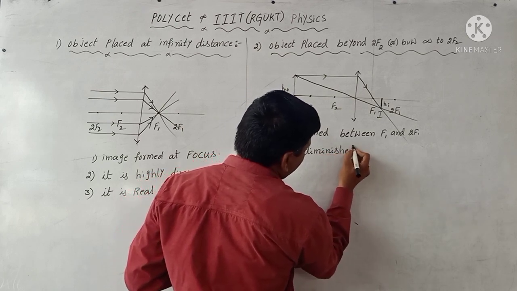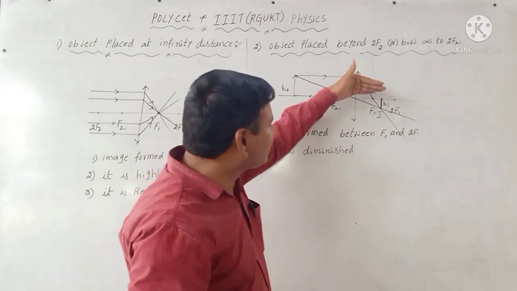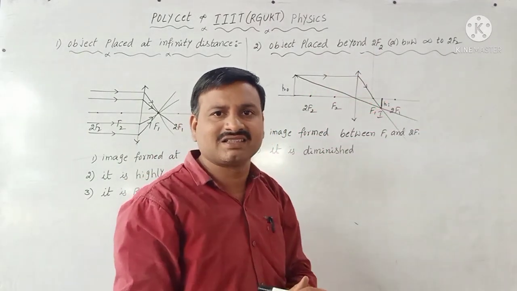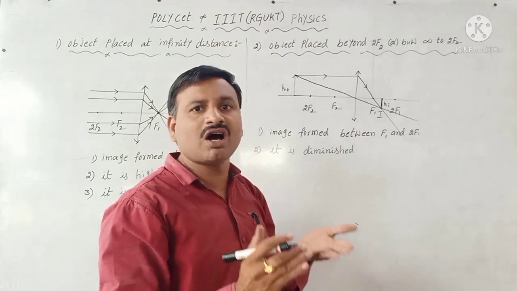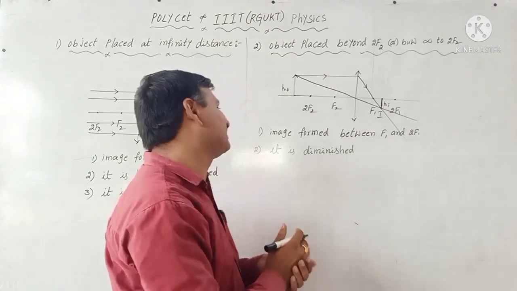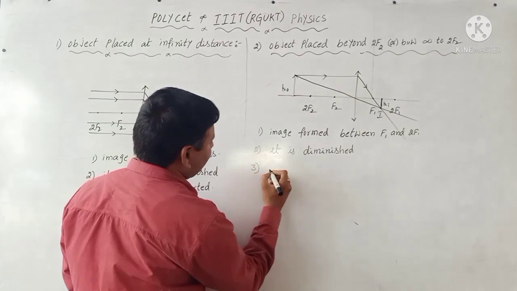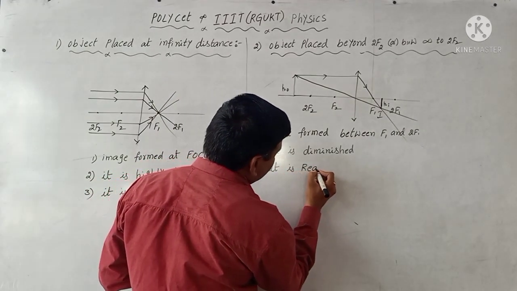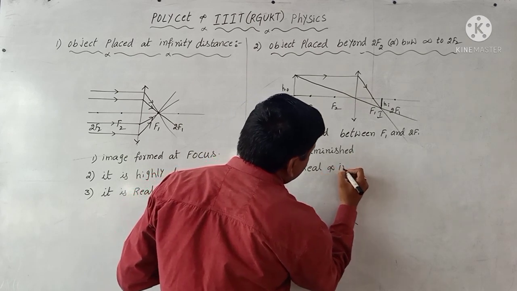Again, this image is also formed vertically down, below the principal axis. That's why it is an inverted image. So all inverted images are real images. Again you write it is real and inverted image.